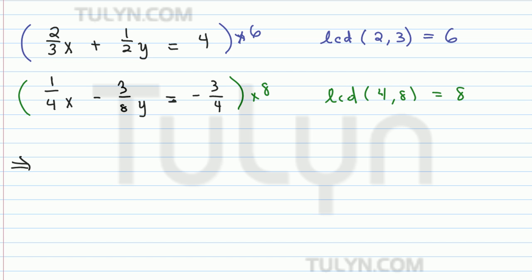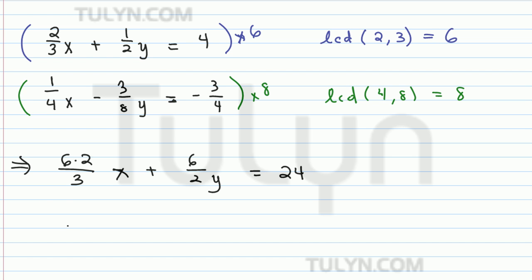So let's do that. Our new equations are going to become 6 times 2 over 3 x plus 6 over 2 y is equal to 6 times 4, which is 24.